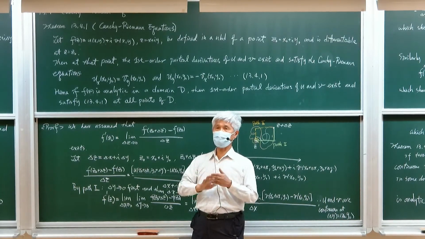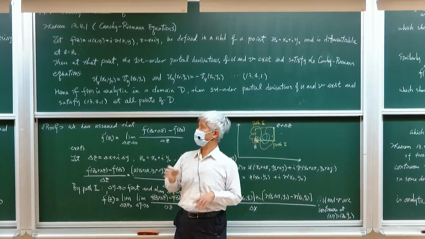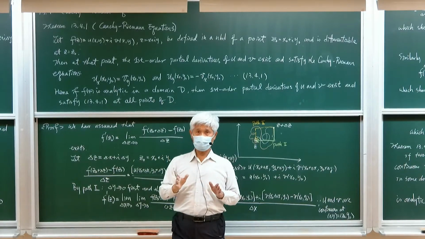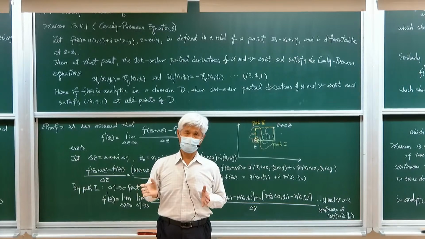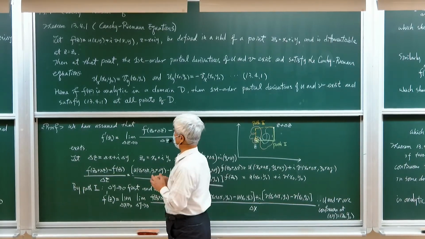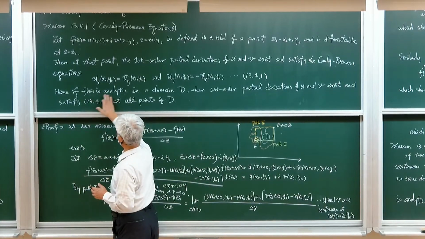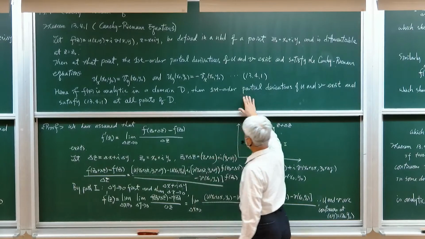And by induction, if any complex function is analytic in a domain, then it has nth derivative for all n. And we will show that. So this is our main job.